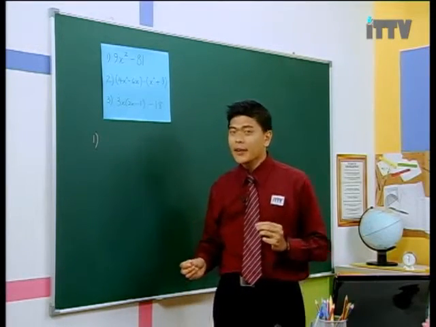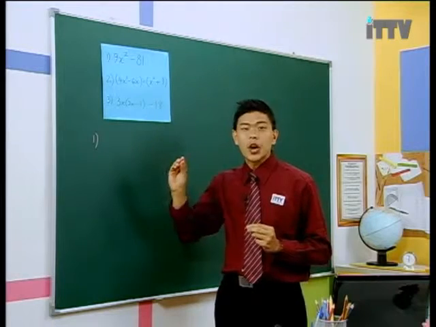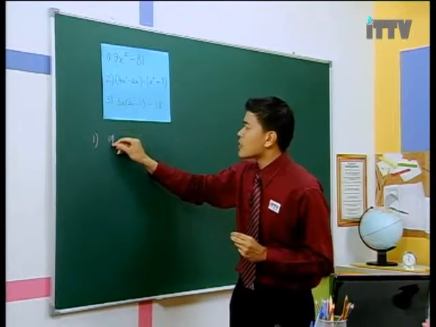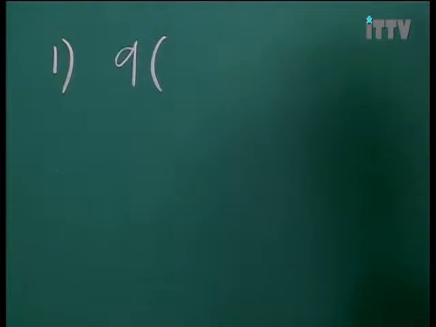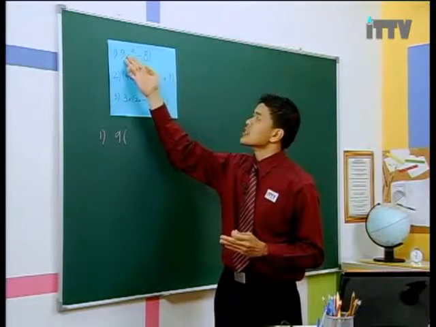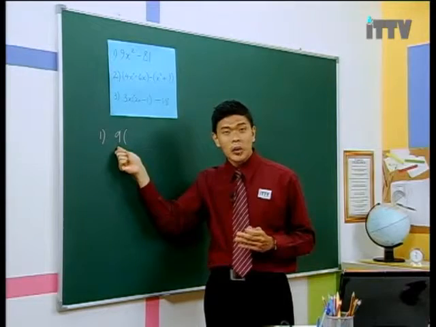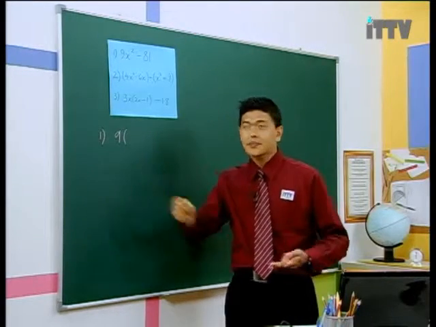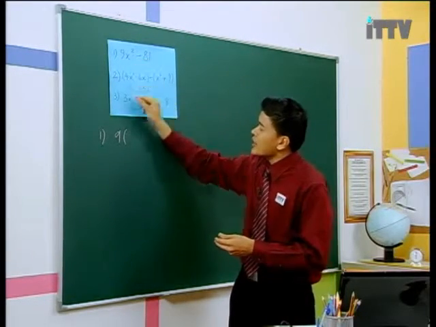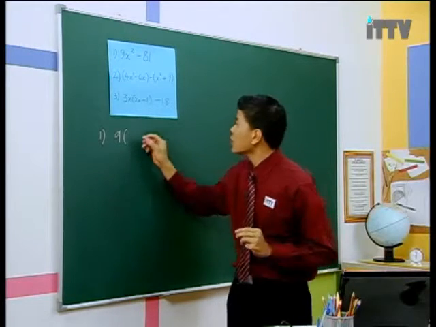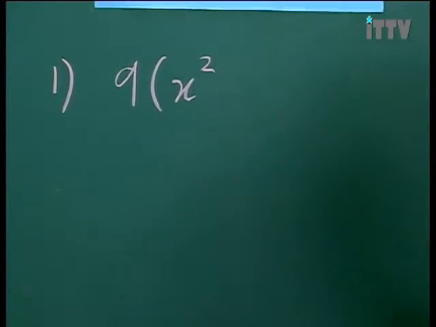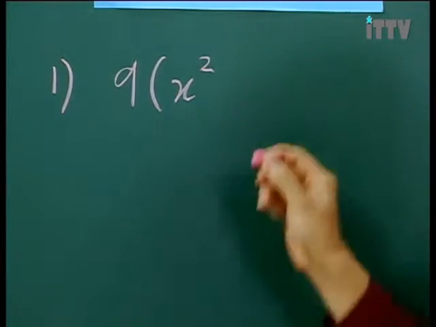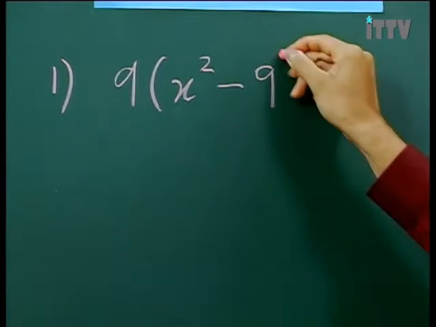So remember, take out the common factor and put it outside the bracket. What is left inside the bracket is when the whole expression is divided by the common factor that we have identified. So 9x² divided by 9 will give you x², and -81 divided by 9 gives -9.